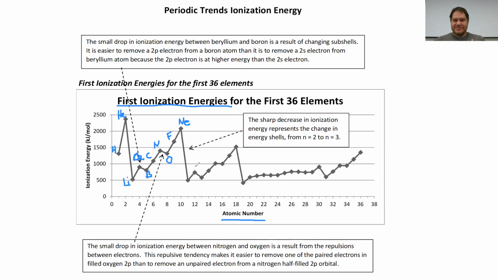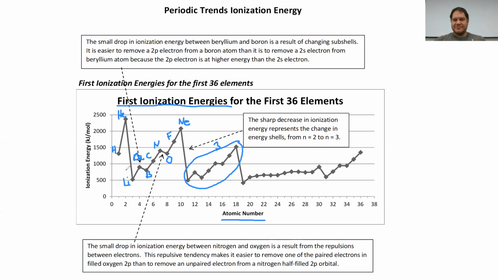Well, what about this group of elements down here? That's period 3, right here. And you see pretty much the same general pattern: as we go across, for the most part, it's getting harder and harder to remove the first electron. It's taking more and more energy to do so.